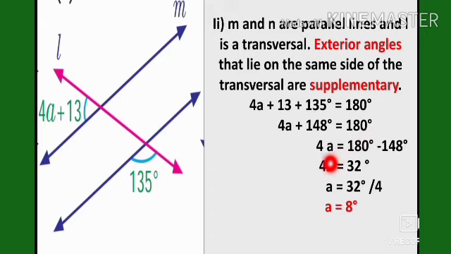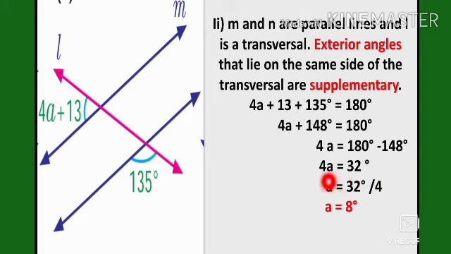Now in the next step, 4A is equal to 180 minus 148, as plus 148 becomes minus 148 on the right hand side. Subtracting 148 from 180 gives 32 degrees. So 4A is equal to 32.